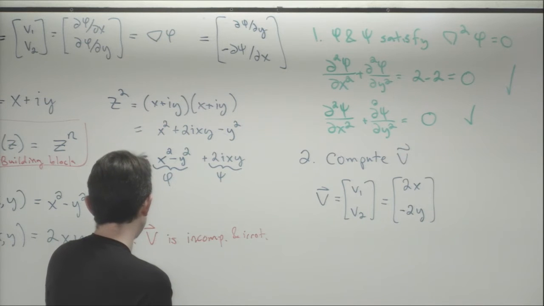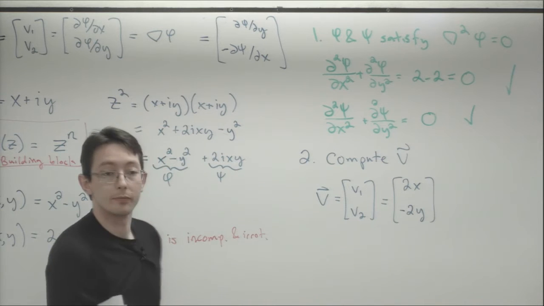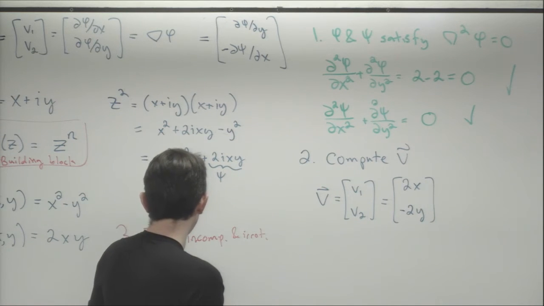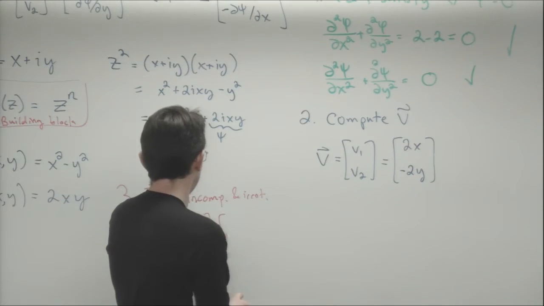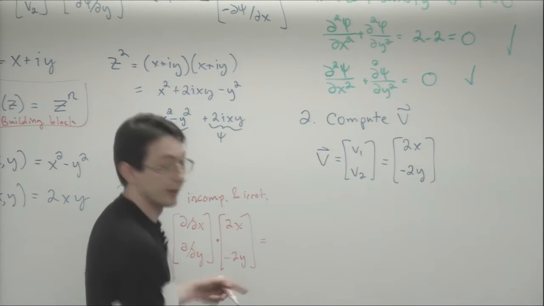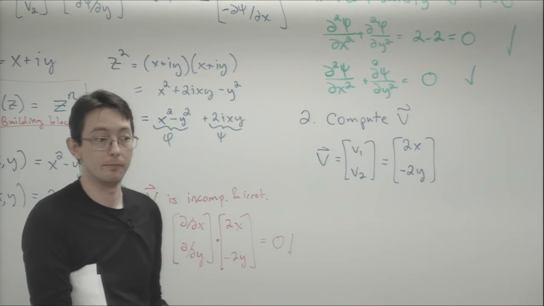Divergence of V equals what? It's the dot product of partial x and partial y with 2x and minus 2y. So that equals 2 minus 2, which is 0. So we are definitely incompressible.